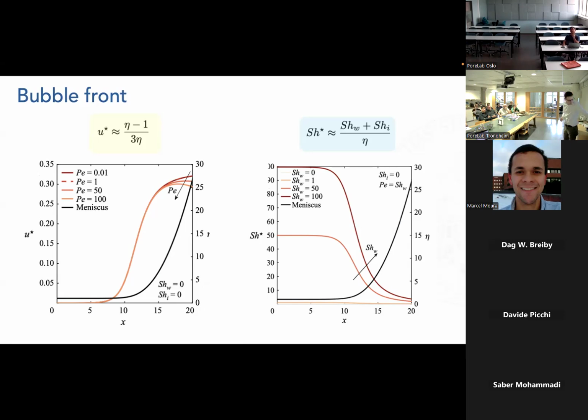Then, when eta is increasing, this Sherwood number is decreasing. What does it mean? We expect that all the mass transfer dynamics will happen inside the uniform film region, while on the front part of the bubble, we don't expect a strong impact of the mass transfer. Why is it so?